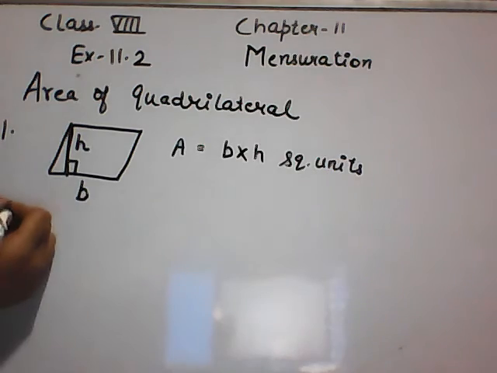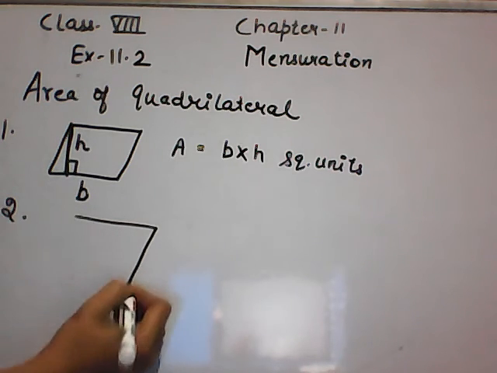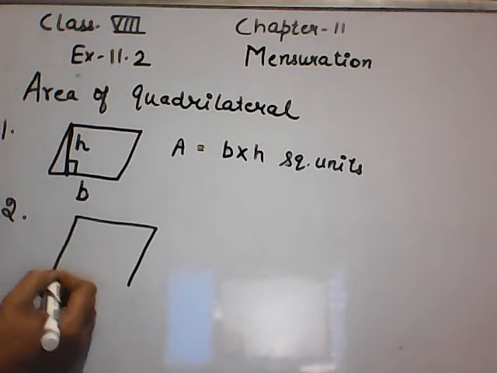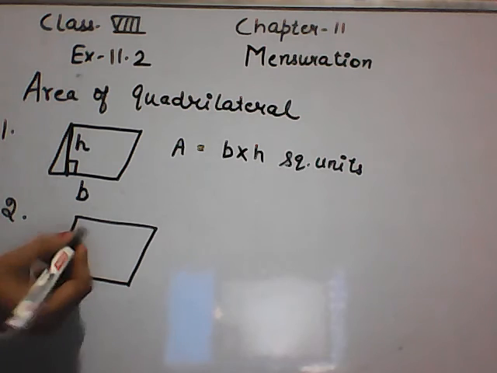Suppose the next figure given to you is a rhombus, and you have to find the area of the rhombus. We know that in a rhombus there is a property: the diagonals of a rhombus are perpendicular bisectors of each other.